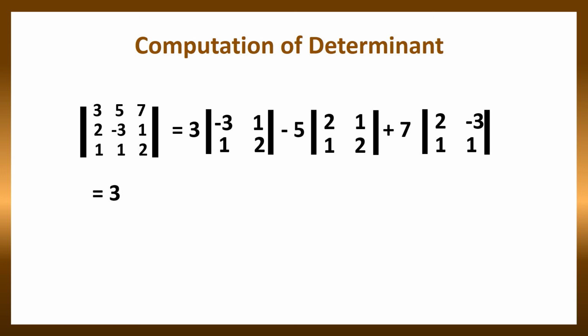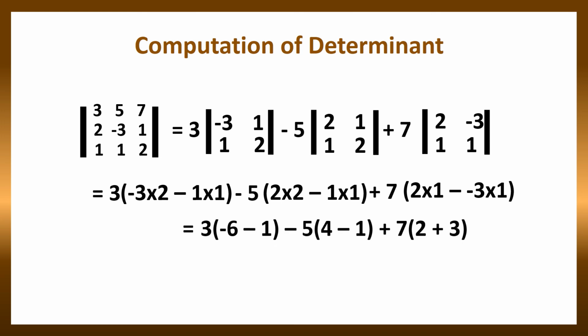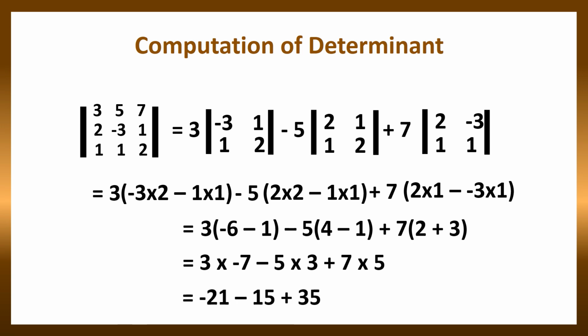Then the next step is 3 into minus 3 into 2 minus 1 into 1, minus 5 into 2 into 2 minus 1 into 1, plus 7 into 2 into 1 minus 3 into 1, that is equal to 3 into minus 6 minus 1, minus 5 into 4 minus 1, plus 7 into 2 plus 3, that is 3 into minus 7, minus 5 into 3, plus 7 into 5. So the determinant value of this matrix is minus 1.